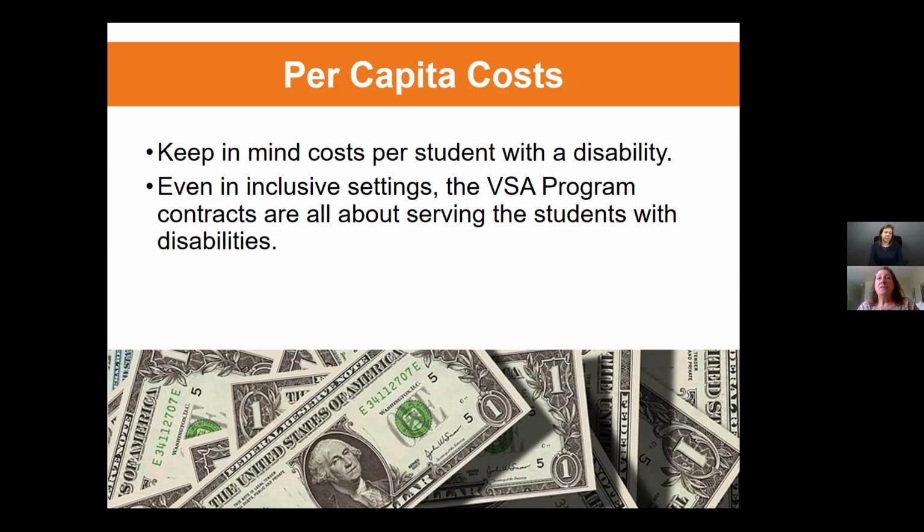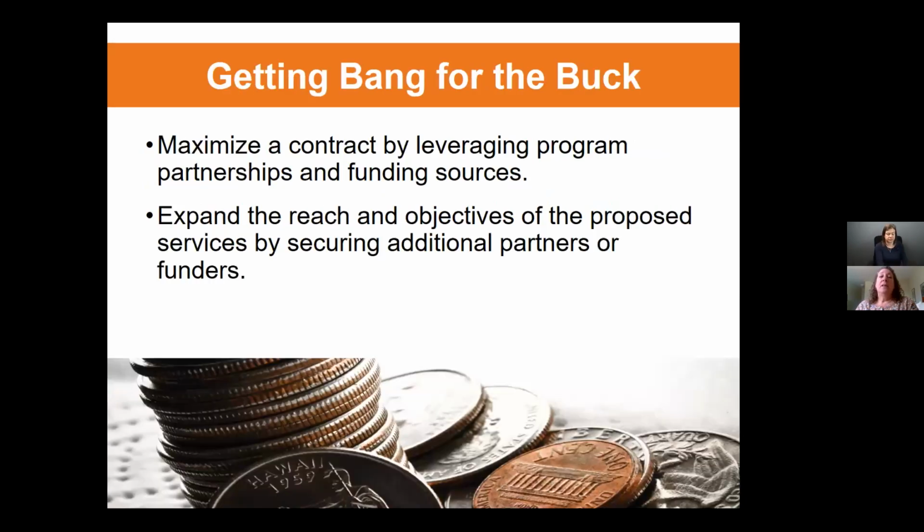Even in inclusive settings, the VSA program is all about the students with disabilities. And remember that we're looking for proposals that are cost effective as well as strong programmatically. We want bang for our buck.